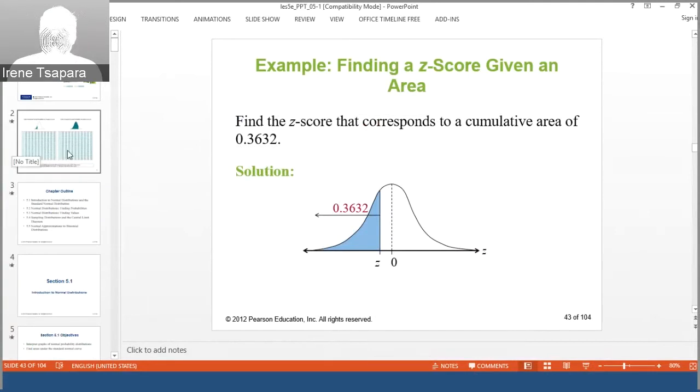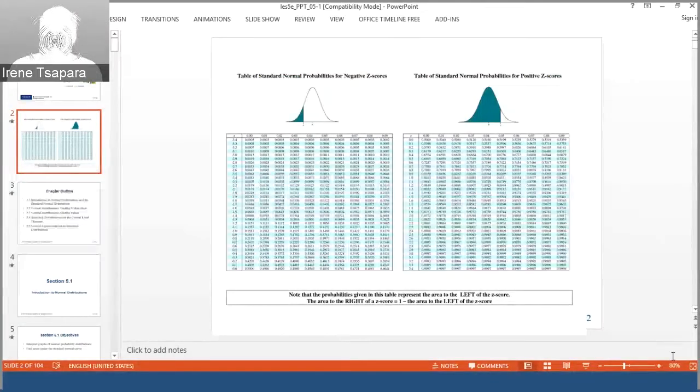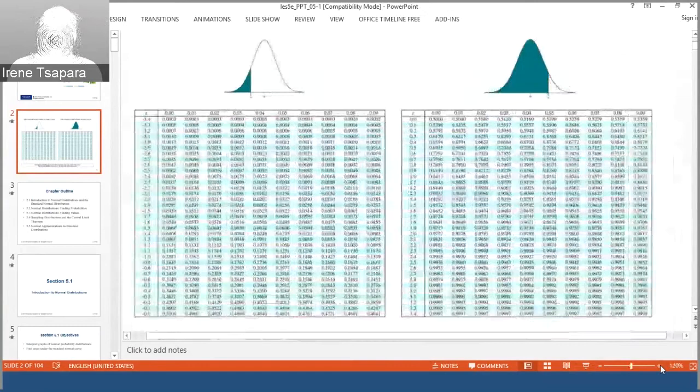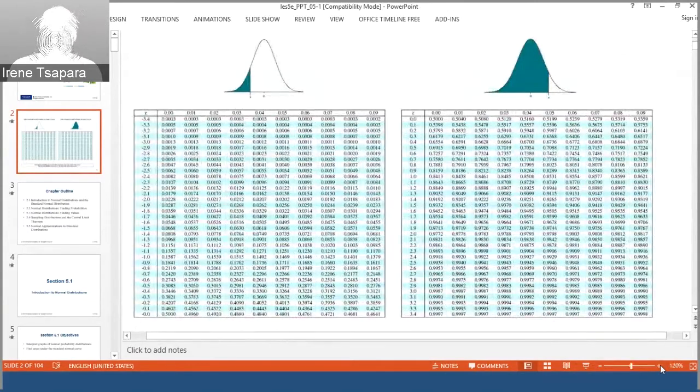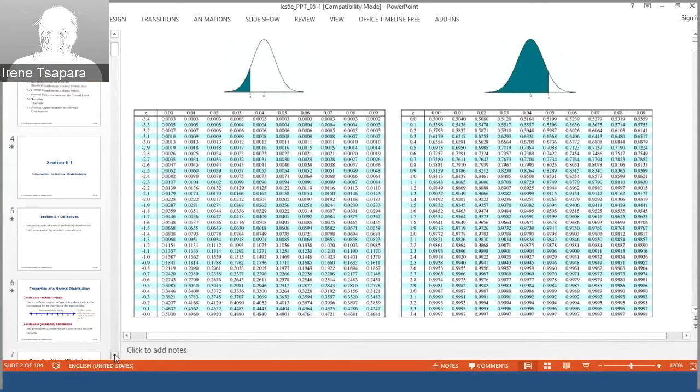The probability that we have, the cumulative area that we have, is 0.3632. We go to the z-score table and we try to find the 0.3632. That is right here. This 0.3632 number corresponds to negative 0.35. So that's the z-score that I'm looking for.